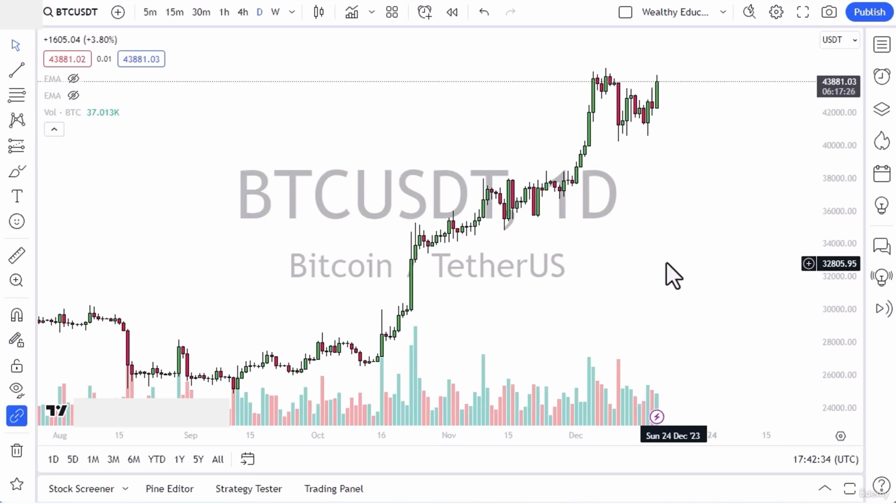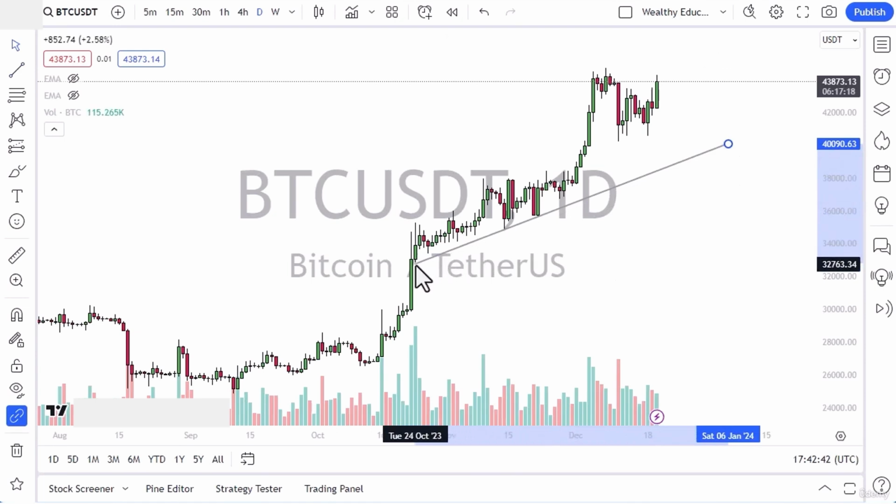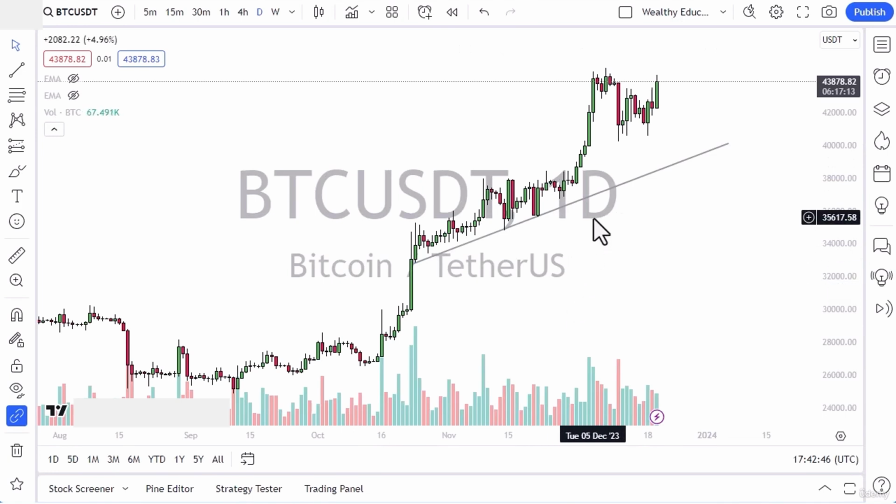So, for example, a trend line would be shown here. You can see that people kept buying Bitcoin as we go along, and the idea, of course, is that there is support, there are buyers here, and when we come back down to this trend line, you would anticipate some type of reaction, just like we had seen several times.